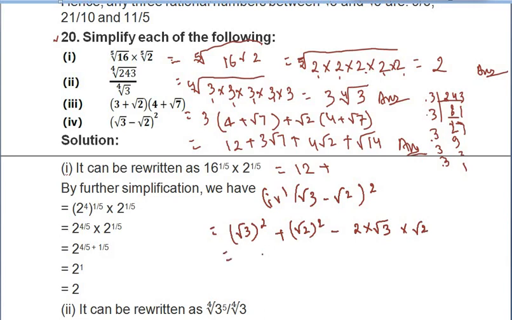Under root 3 into under root 3 will be 3, plus under root 2 into under root 2 will be 2, minus 2 under root 3 into under root 2 will be root 6. 3 plus 2 is 5, minus 2 root 6. This is the answer.